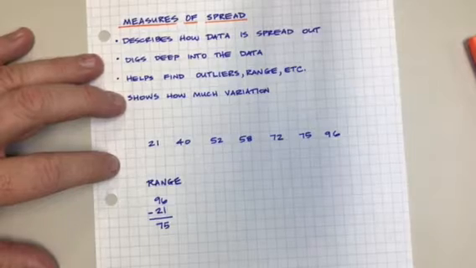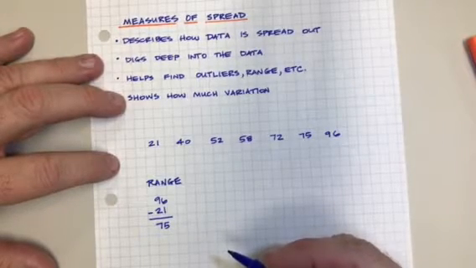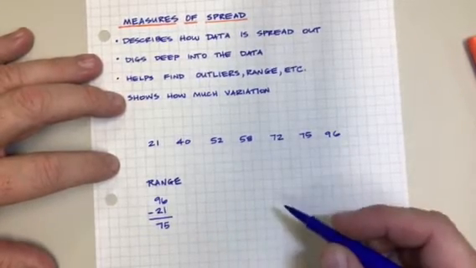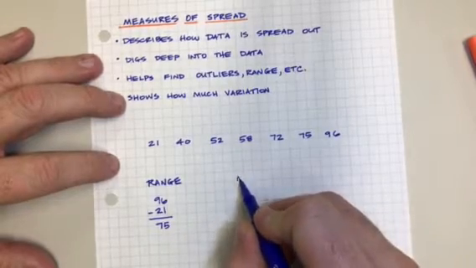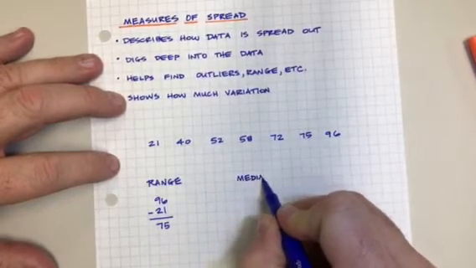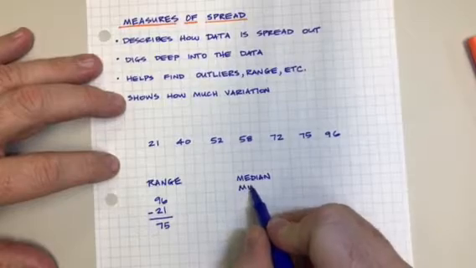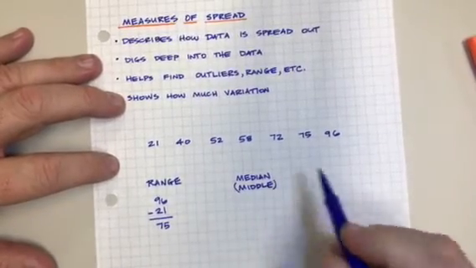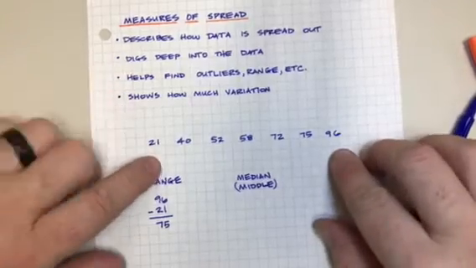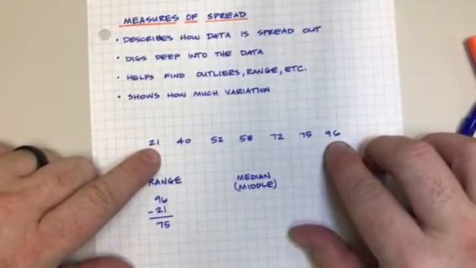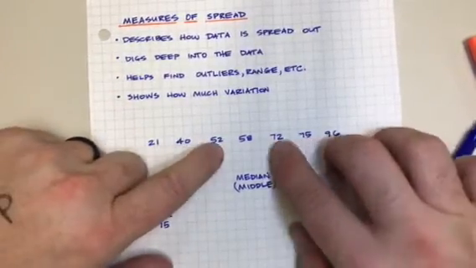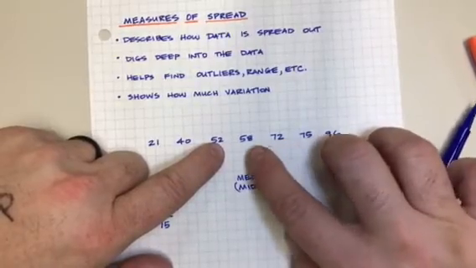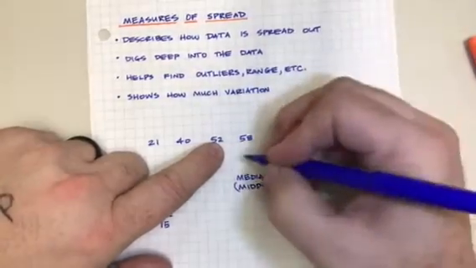That's the range, okay? Next, what we want to do is find the median, and that's easy to do because we've already practiced that a lot, but the median means middle. We're looking for the middle number of this set. And so we can go, okay, one on this end, one on this end, one here, one here, one here, one here. And it's easy to find 58 is in the middle.